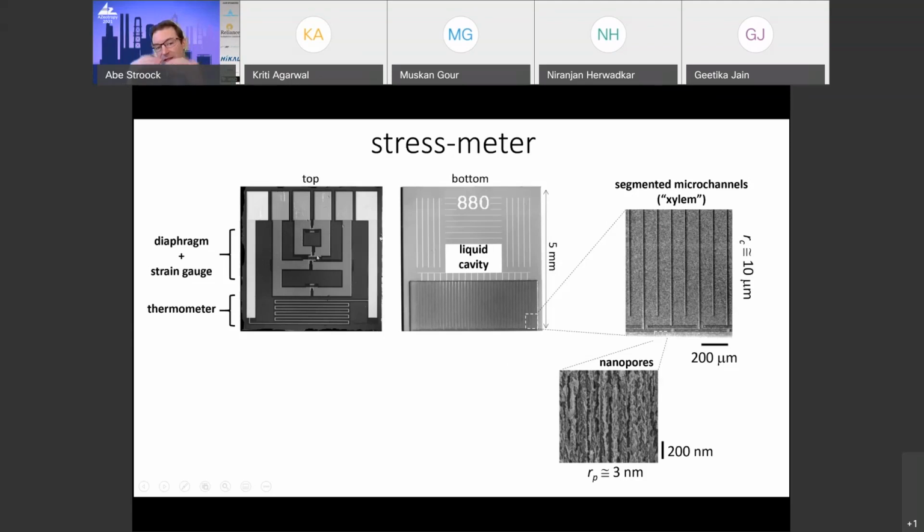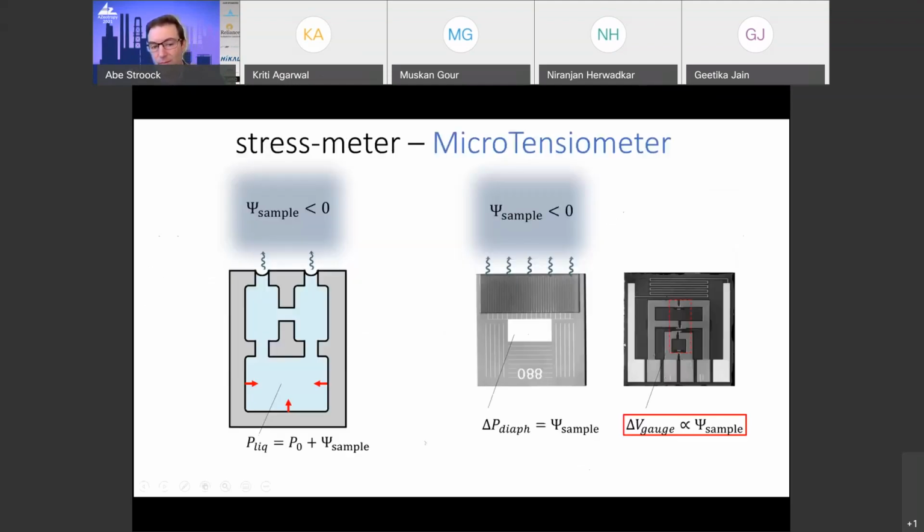And so we bend silicon, and we can understand the state of stress of this liquid, and that gives us information about the outside world. So coming back to our minimalist representation of what a plant in water is, we now have a plant that has a closed end where we have a bulk pocket of liquid water. We allow it to come to equilibrium with samples of interest, where this is essentially a measure of the chemical potential.